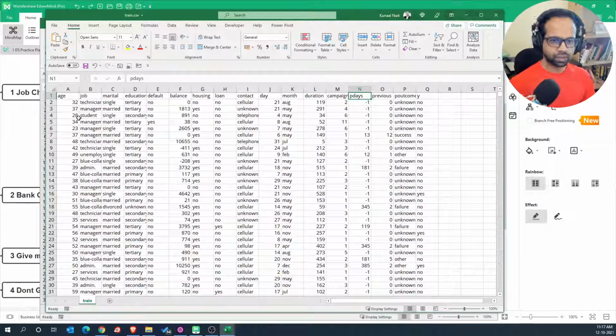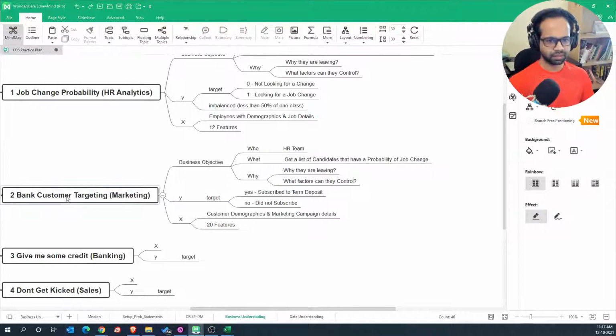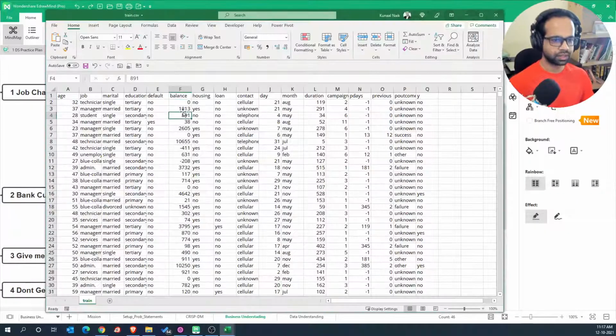So this looks like data where we have some demographics of the person. What is the balance? Bank customer target. Okay, so it's customers balance, housing, yes or no. Do they have a loan? Yes or no. Contact, cellular, or whatever it is. So there's a bit of demographics and then their purchase history based on the campaign they're from, right?